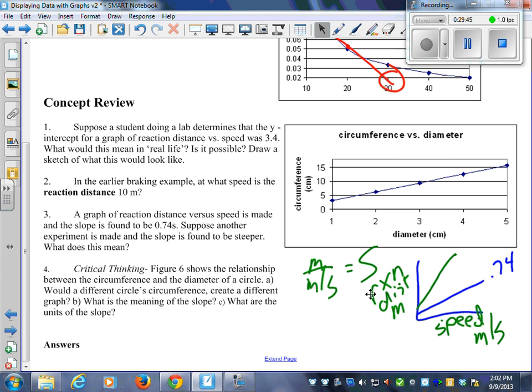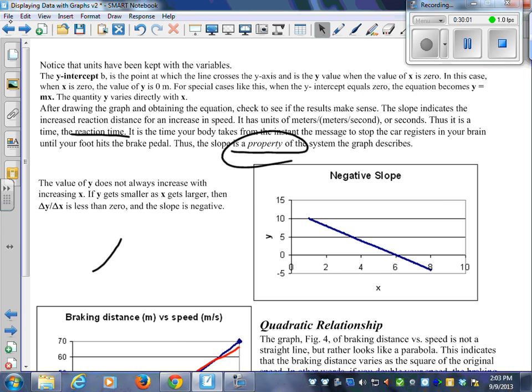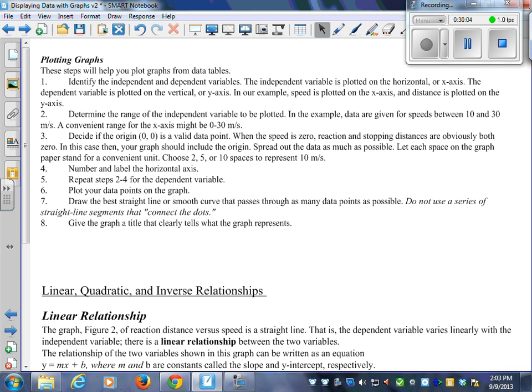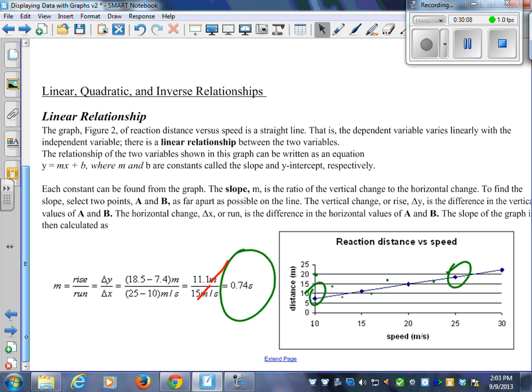Number 2 you can do, can't you? In the earlier braking example, at what speed is the reaction distance 10 meters? The reaction distance. I got to go to reaction distance. At which speed is the reaction distance 10 meters?